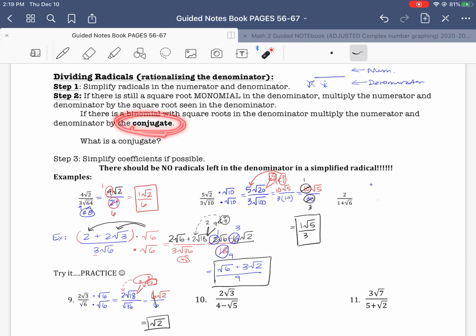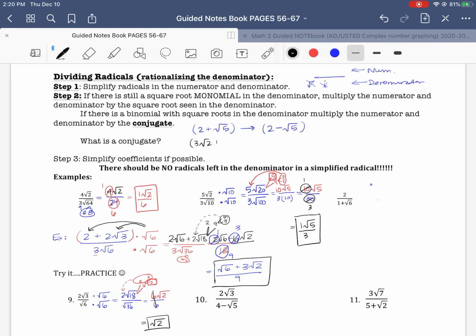So there's this word up here, conjugate. It says, what is a conjugate? I'm just going to show you a few examples. A conjugate, if I have something like 2 plus the square root of 5, and I want to find its conjugate, is going to be the same binomial with the same terms, but we negate or do the opposite sign in the middle. So 2 plus the square root of 5, its conjugate would be 2 minus the square root of 5.